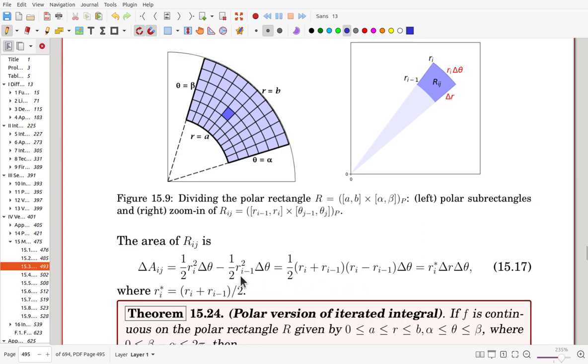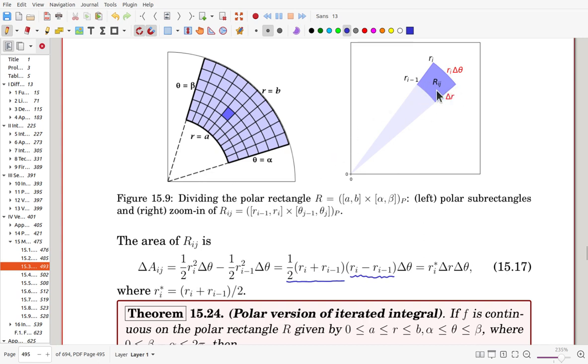Delta theta is common and half is common, and that is Ri squared minus Ri minus 1 squared, which can be written in this way. Now Ri minus Ri minus 1 is delta R, and for this portion we name it Ri star, that is the mid of Ri and Ri minus 1.